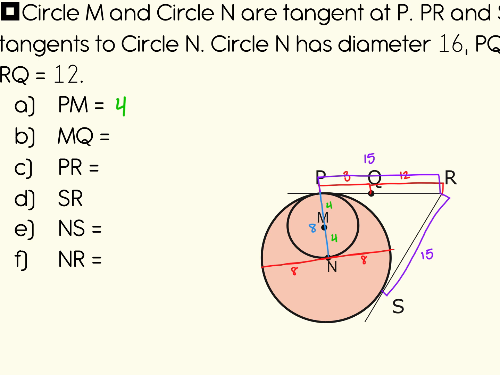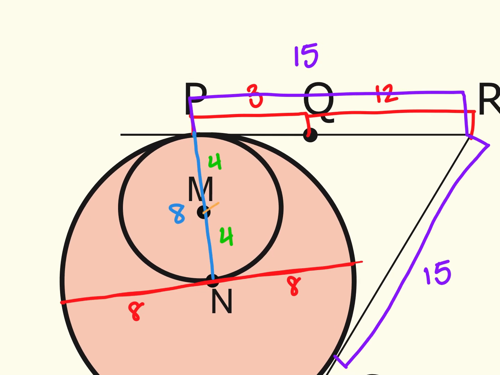Looking at MQ, do I know specific information about it? I do know that I have a perpendicular line because I have a tangent and a radius that makes a 90-degree angle. So I'm going to go ahead and find MQ.